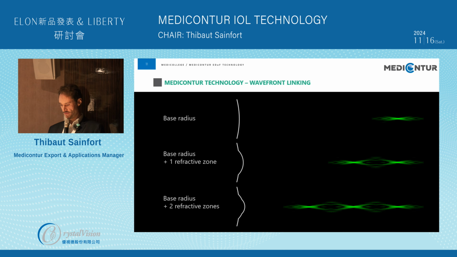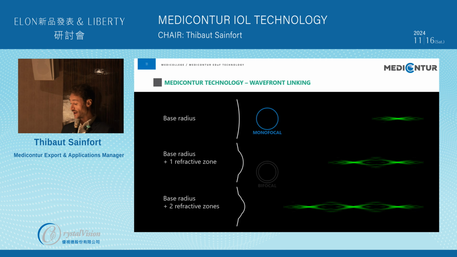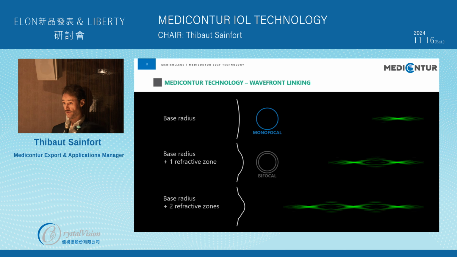So how did we do that? Here at the very top, you can see one lens with 1 curvature radius. So this is a monofocal lens. If on this refractive zone you add a second refractive zone, you will have a bifocal refractive.